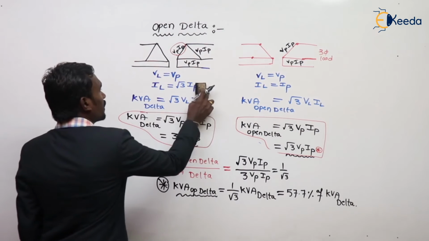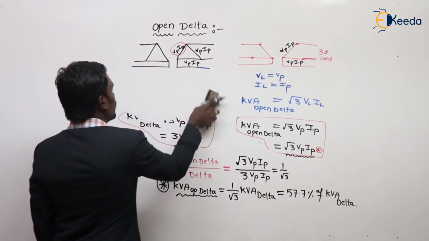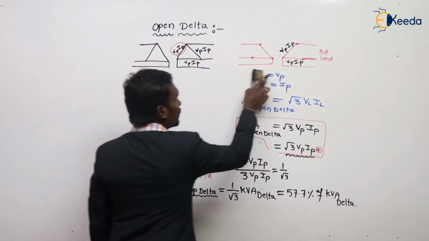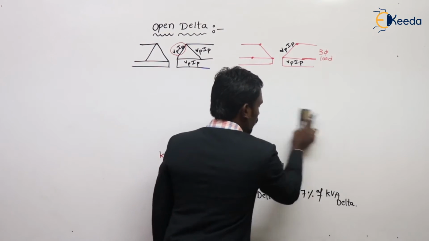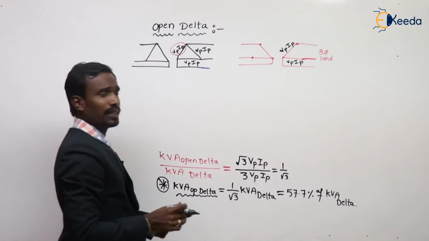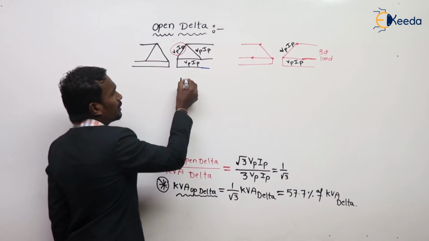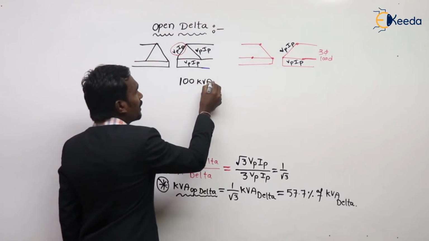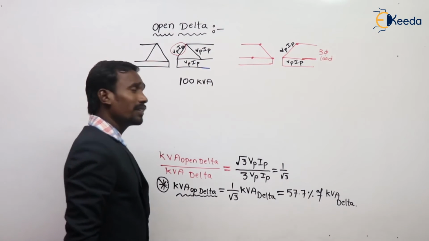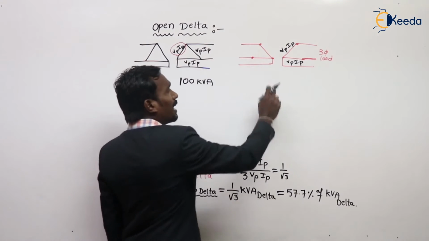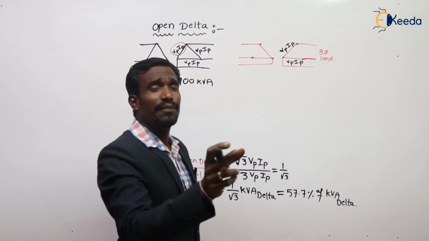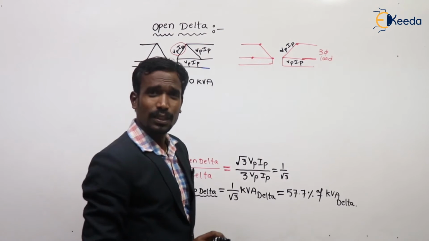So what I am saying here, for example, on delta I can load up to 100 kVA. Then in open delta, up to what kVA can you load?